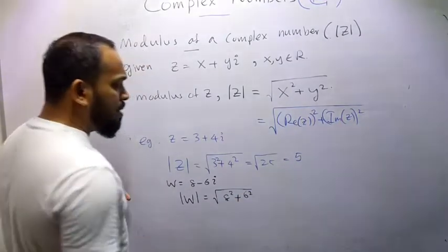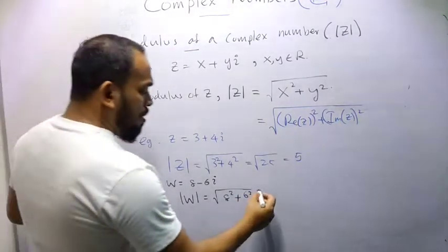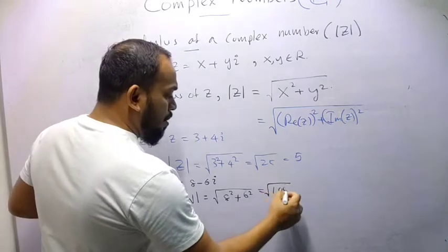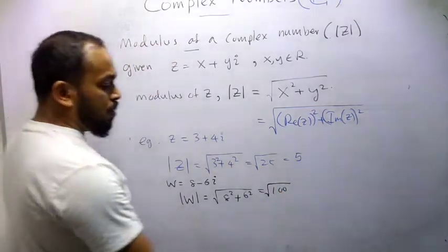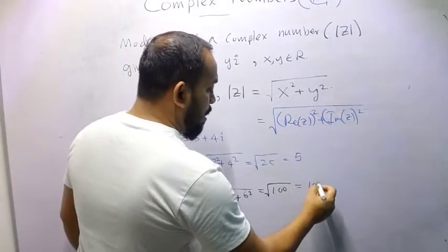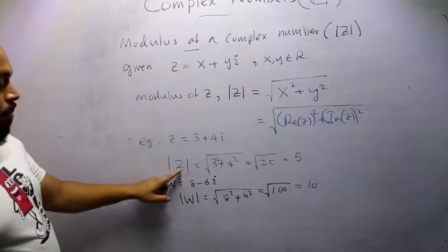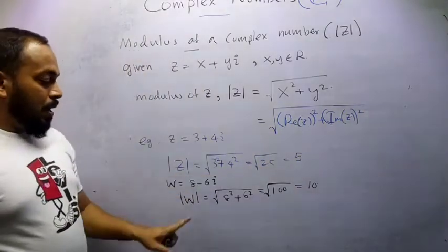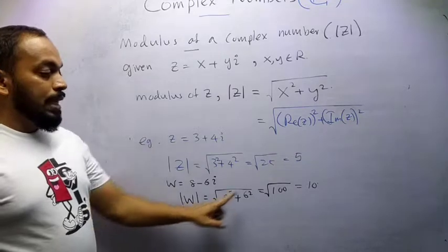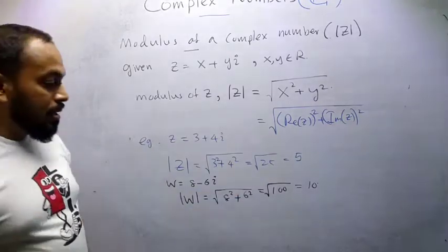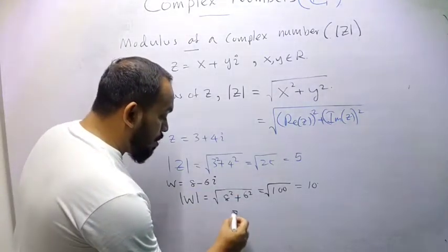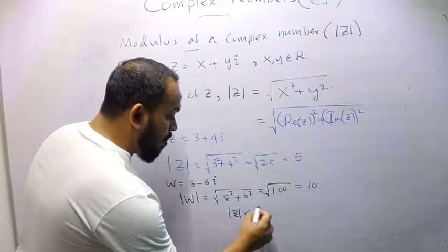So we have the square root of 100. The square root of 100 is 10. You can see the modulus of z is 5 and the modulus of w is 10. Now we can say the modulus of z is less than the modulus of w.